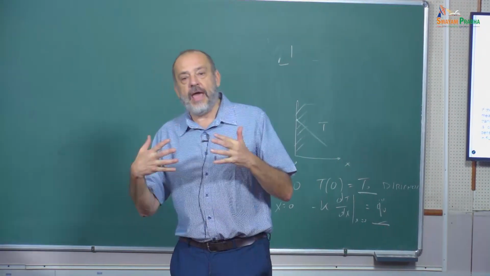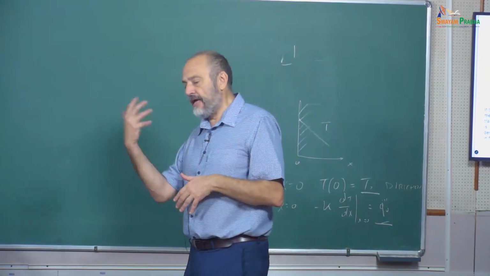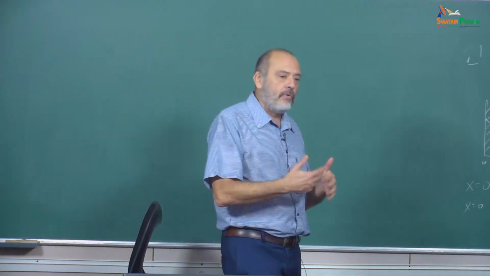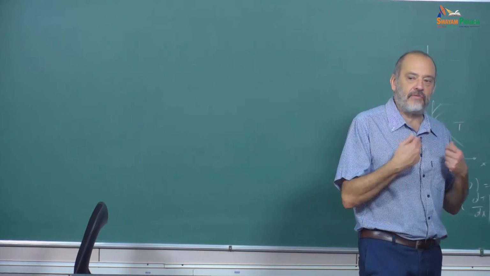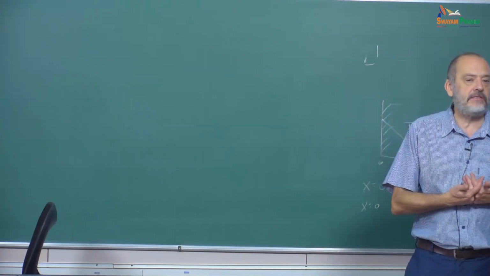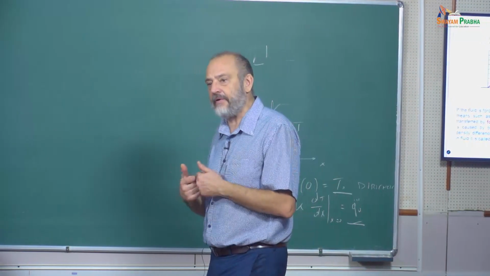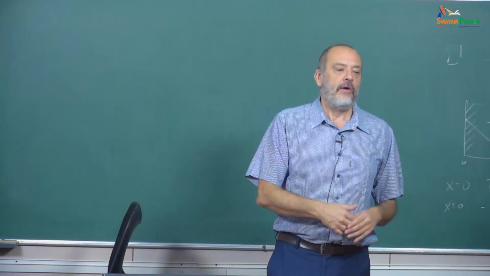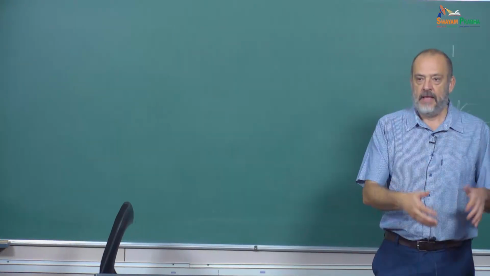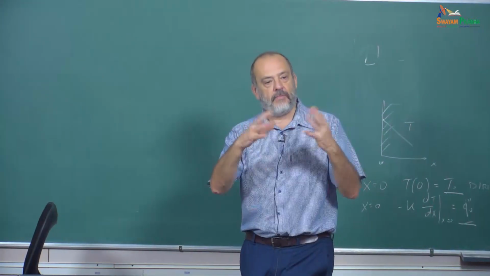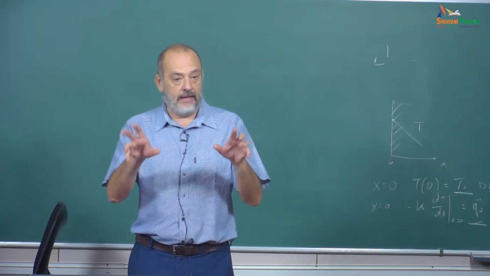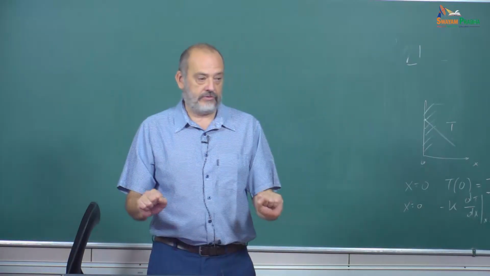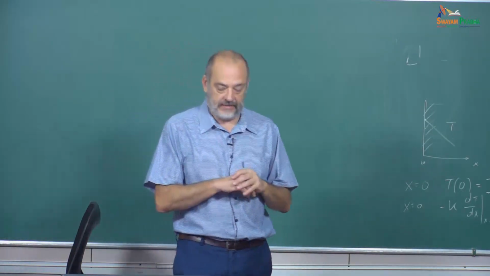But maybe we don't have an external pumping system or a compressor, but we have the motion of the fluid because we have a difference of density inside. The difference in density clearly comes from the fact that we have a gradient of temperature. This means that we have a gradient of density. Then we have a buoyancy force, and the buoyancy force puts the fluid in movement, creating again a movement of the fluid in the convection. And we call this natural convection. So already there is a big separation of things.